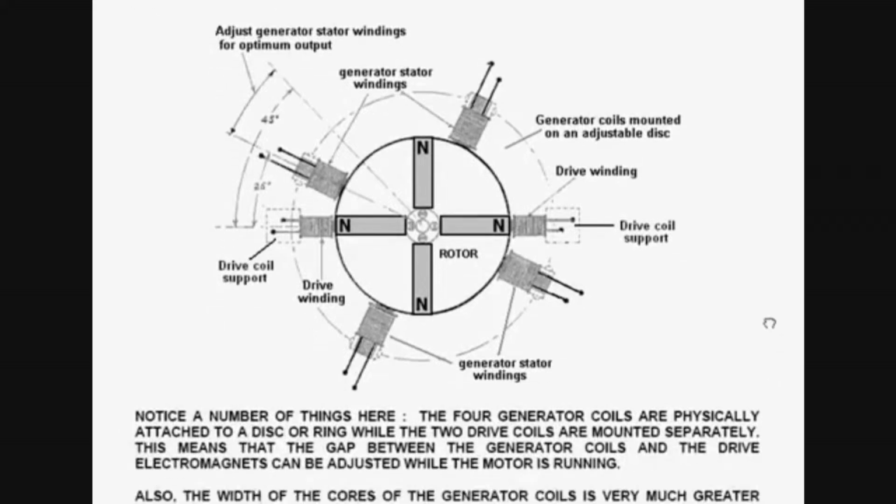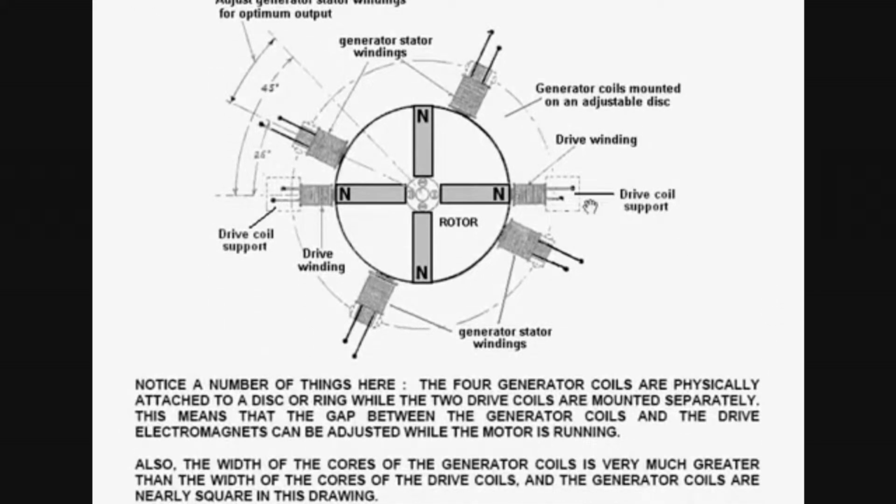You will notice a number of things here. The 4 generator coils are mounted physically on a disc or a ring, while the 2 drive coils are separately mounted on their own mounts. This means that the gap between the generator coils and the drive coils can be adjusted while the motor is running.